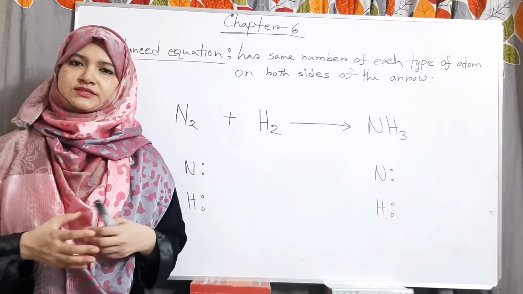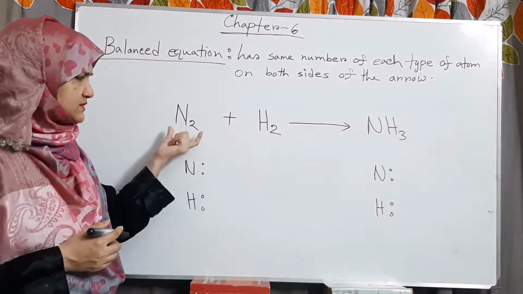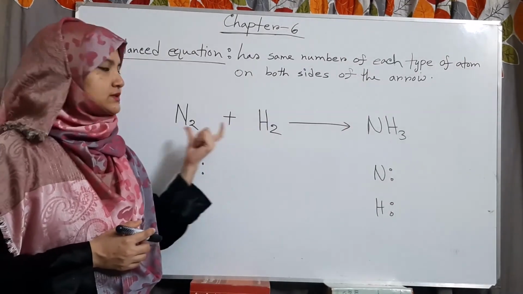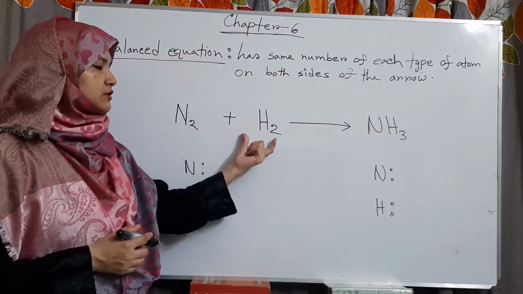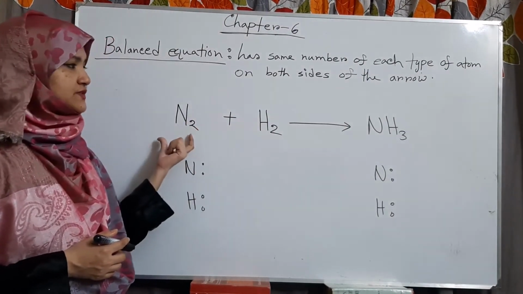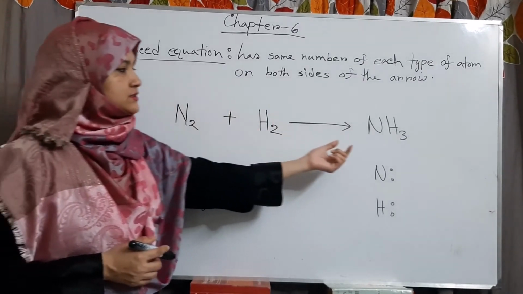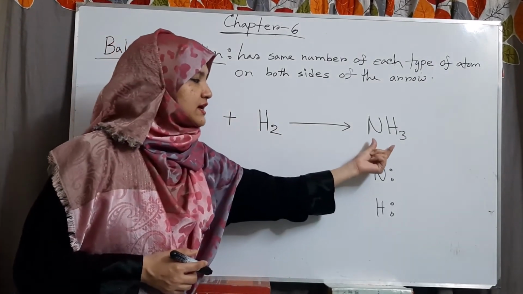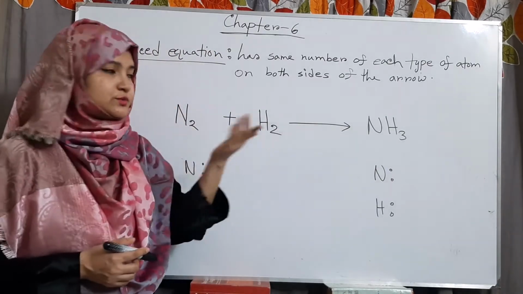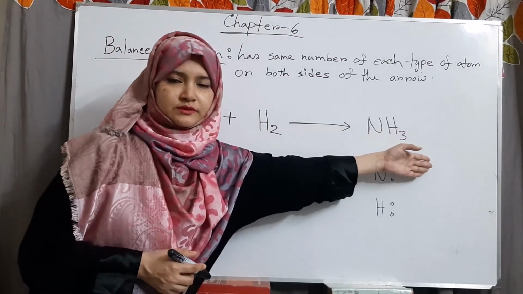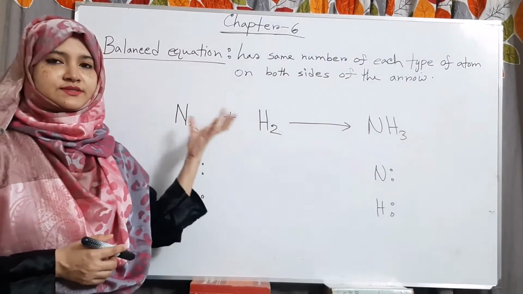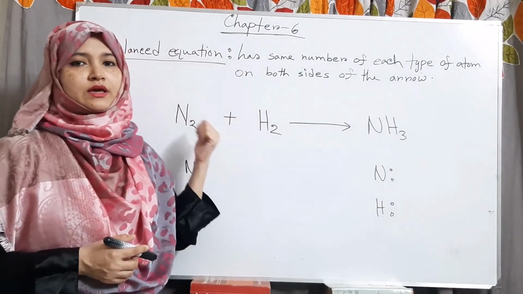That means the number of atoms of each element on the reactant side and the number of atoms on the product side will always be the same.